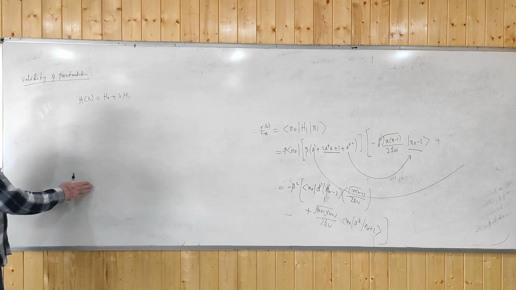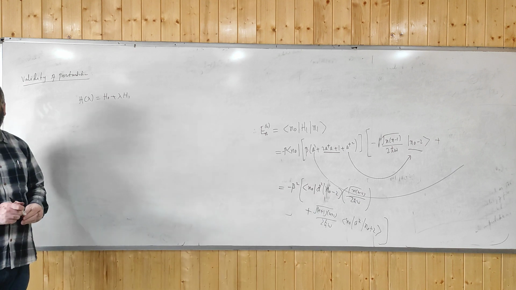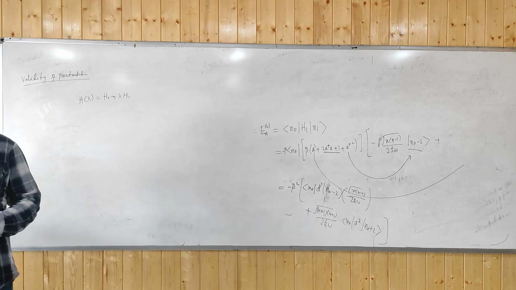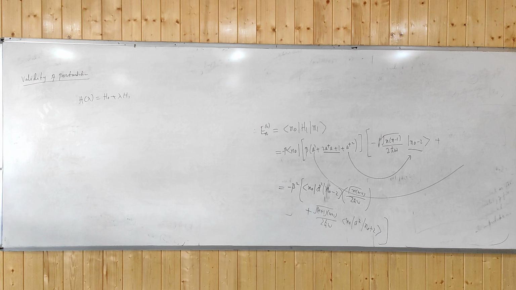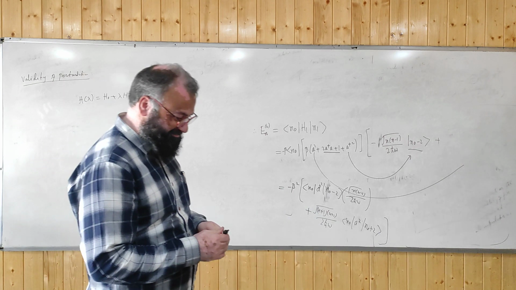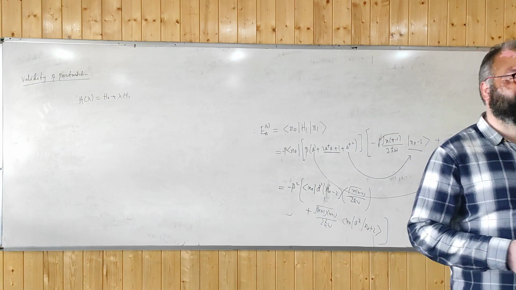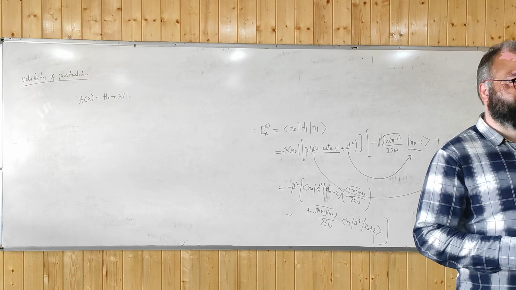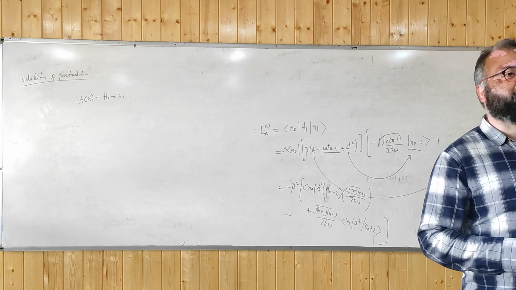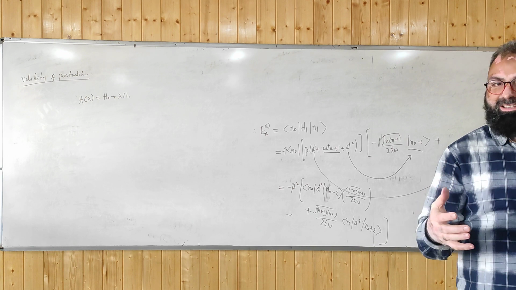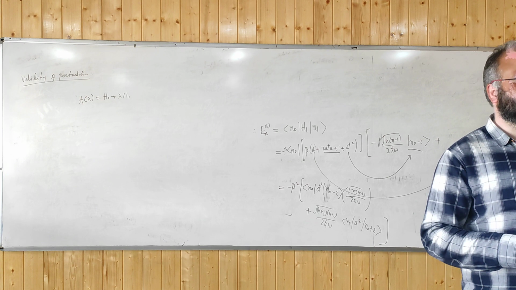What is a two-level system? It is having only two levels. Clear? So give me an example of a two-level system, or when we can idealize a given system as a two-level system.